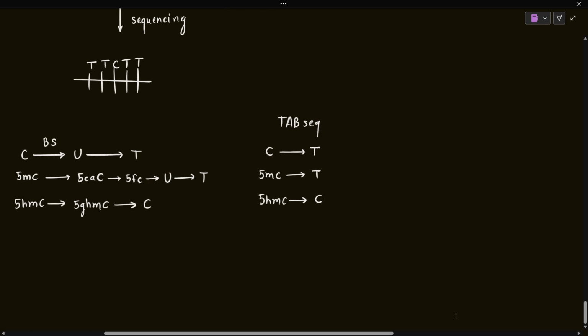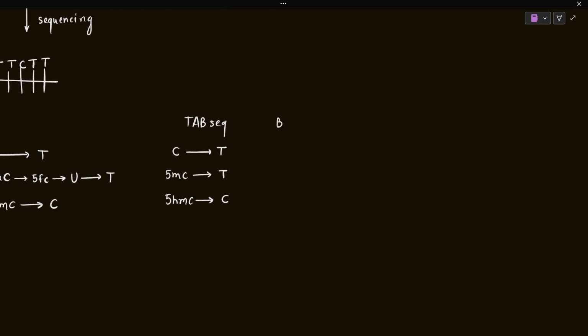So let's compare it to bisulfite sequencing and oxidative bisulfite sequencing. In bisulfite sequencing, cytosine will be converted into uracil and read as thymine. In oxidative bisulfite sequencing also, cytosine will be converted into uracil and read as thymine. In bisulfite sequencing, 5-hydroxymethyl cytosine can't be converted into anything, and that is why it is read as cytosine, as well as 5-methyl cytosine.